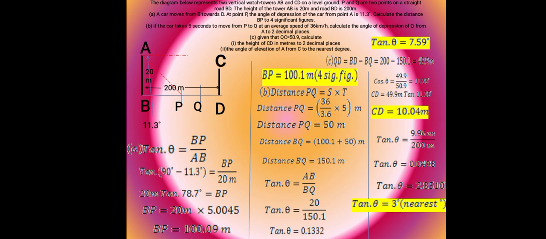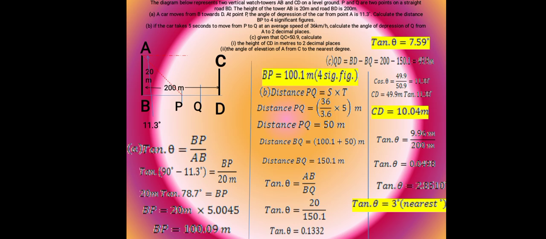Now looking at the tables or using a scientific calculator, you find that theta is 7.59. That's the angle we have been asked to find. It is 7.59 degrees. Now let's look at part C.